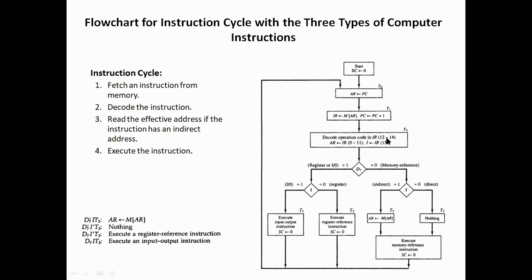If this input is 000, then we know in the decoder D0 will be on, all others will be off. If this input is 001, then D1 will be on, others will be off, and we know the decoder works like that. And at the same time, the remaining portion, 0 to 11, we know is address, so we will put that into AR, because that is address.